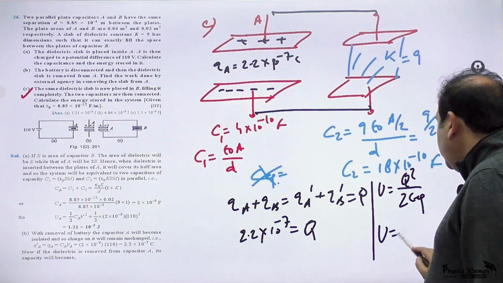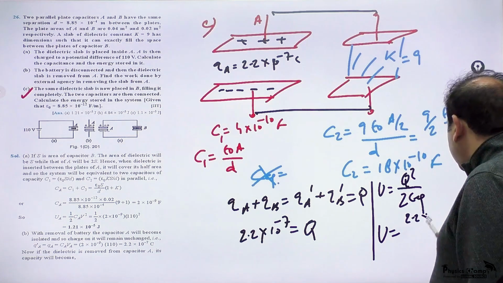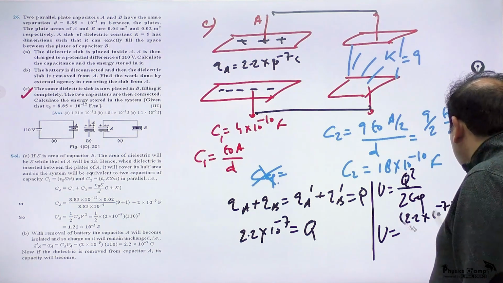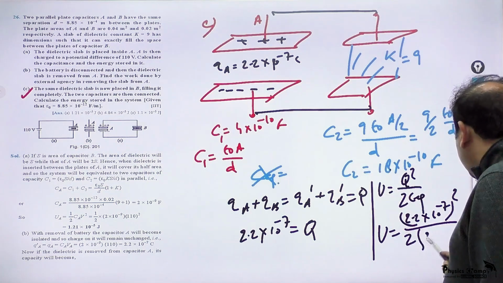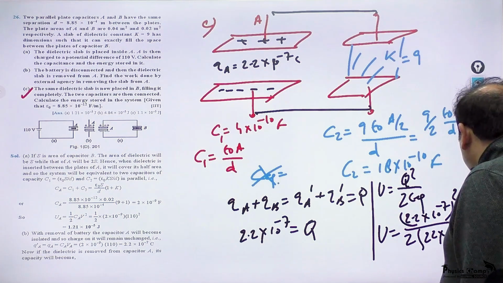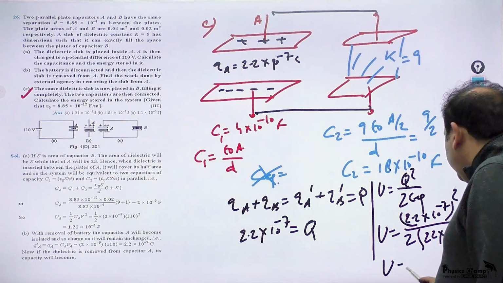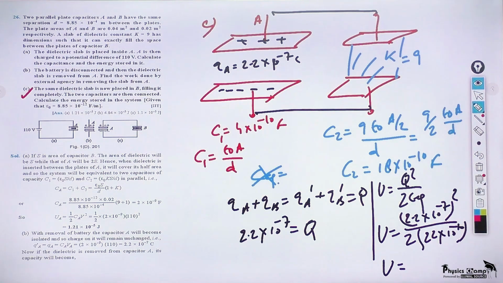So Q square is 2.2 10 to the power minus 7 square. 2C equivalent will be 2 into C1 plus C2. So this is 18 plus 4, 22 into 10 to the power minus 10. So the final energy we will get is 1.1 into 10 to the power minus 5 joule.